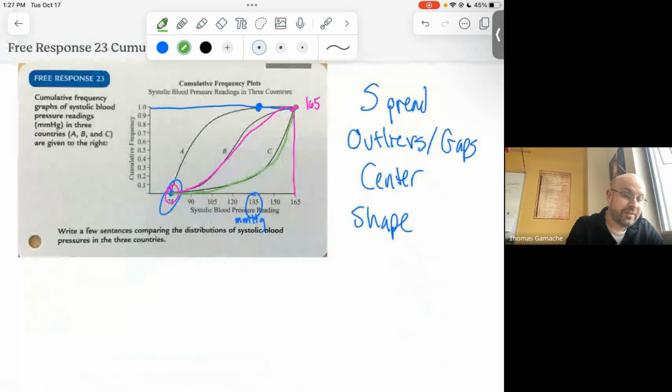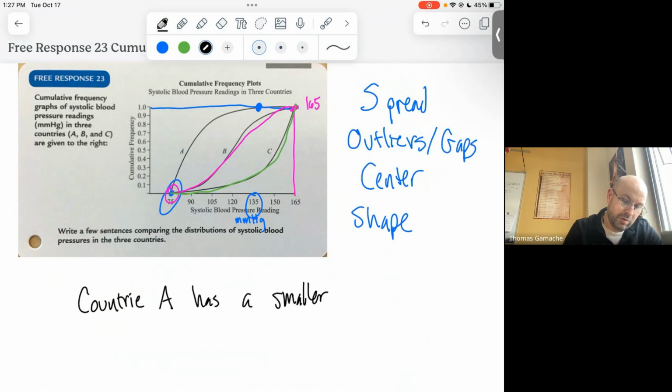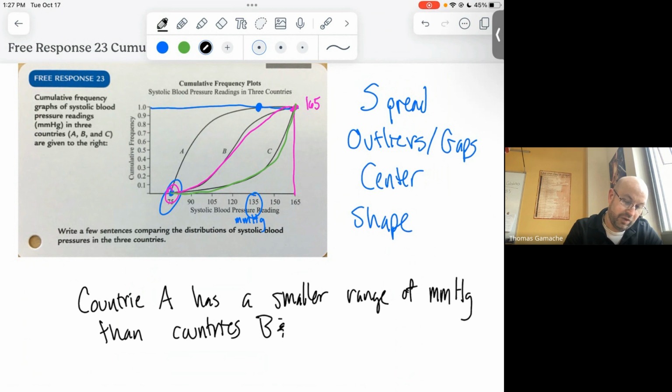So the first thing I can say, using a sentence here is, let's see, country A has a smaller range of MMHG than countries B and C, which I'm also going to put which are equal.